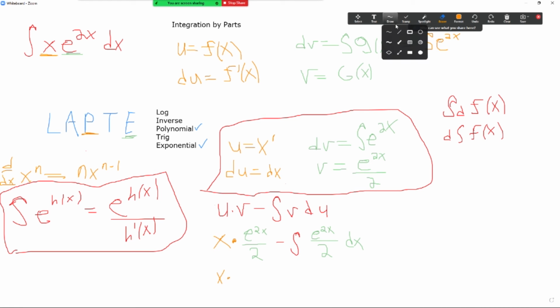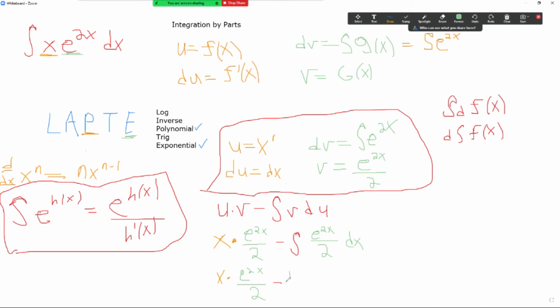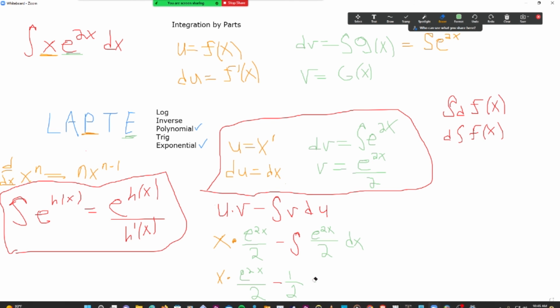So that's e, and then we have this e to the 2x divided by 2 minus, now I'm going to pull 1/2 out of the integral because it's just a constant. And that just makes it easier on the eyes to see what the antiderivative is just by looking at it.